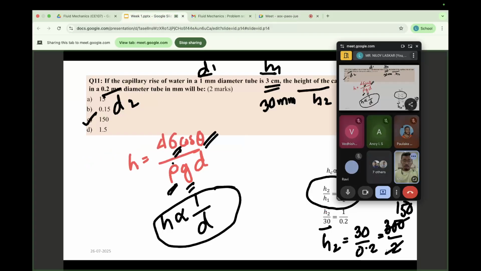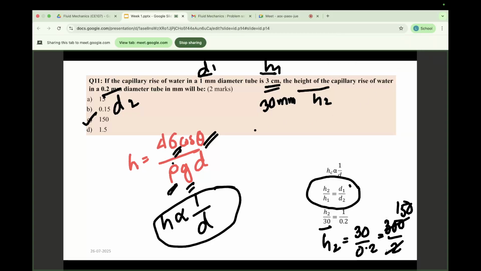Okay. So this question is quite important. Such types of question, if someone is appearing for this NPTEL course exam, you may expect such types of question on this capillary rise problem. I always suggest you, either you remember this formula, it is quite tough for some students, so better you go through this concept, which is weight of the fluid is equal to the surface tension force.